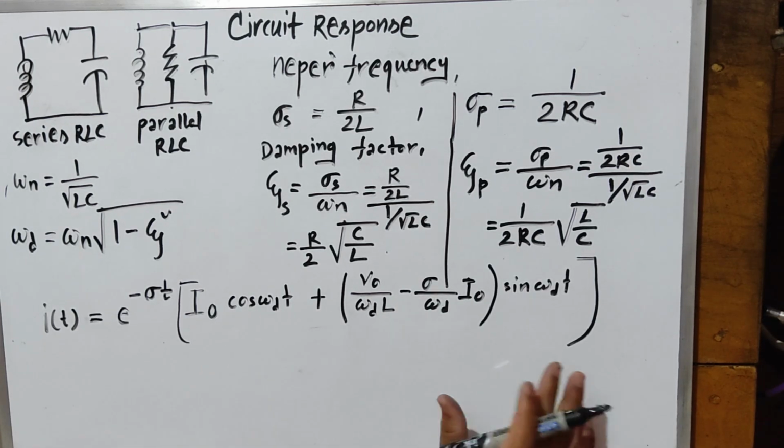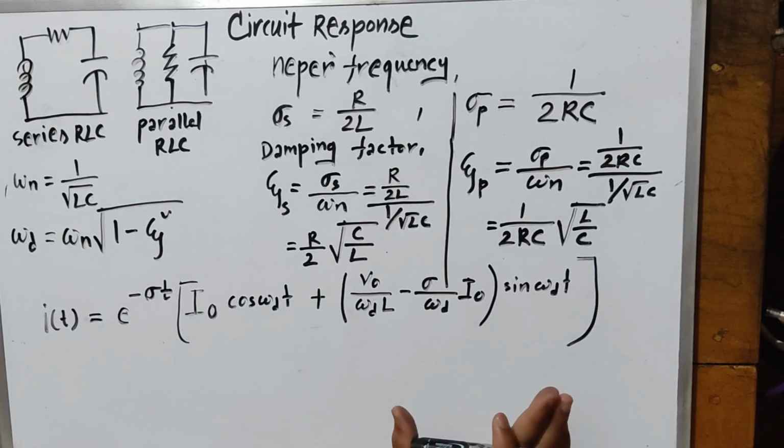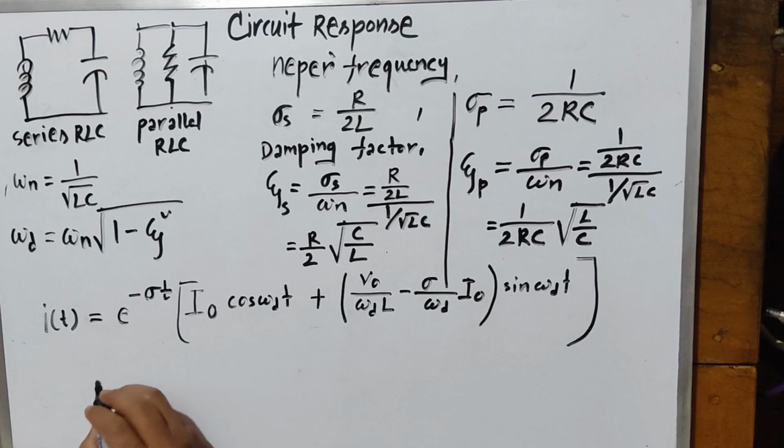So this is the current response for the series RLC circuit. Now I'm going to express this in amplitude phase form.